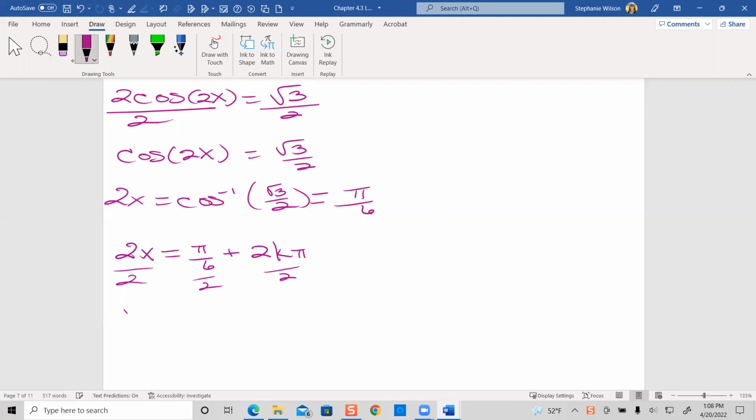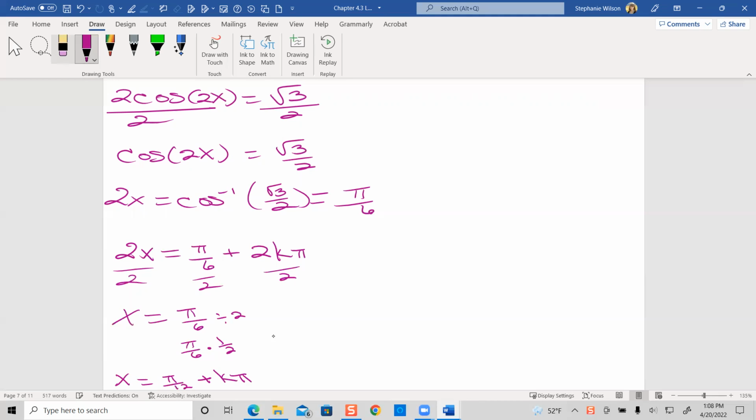So when I do that, now I got x is equal to, and if you need to, let's just rewrite this one here. We got to keep change flip. So what happens is we keep the first, change to multiplication, flip this one. And what do I get? I get x is equal to pi 12s plus 2 divided by 2 is 1. So now I got this.